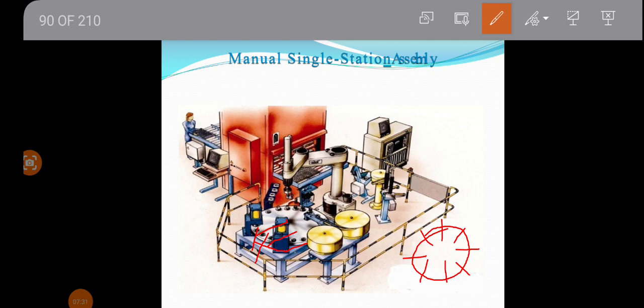In each slot, the elements are assembled. Once the product is assembled at the first workstation, it is transferred to the next assembly station, where one more element is added.